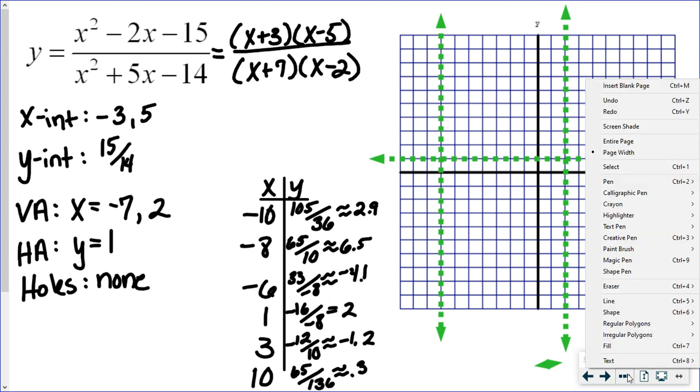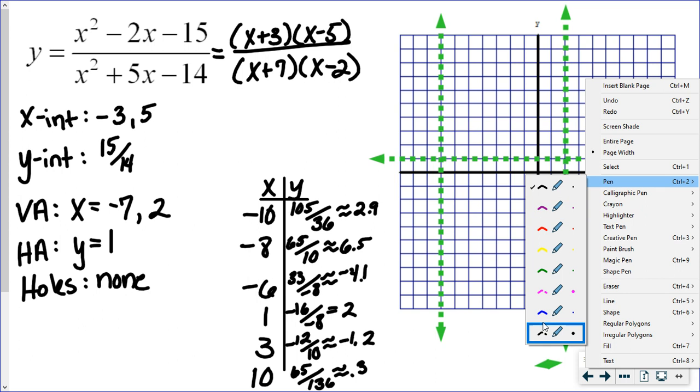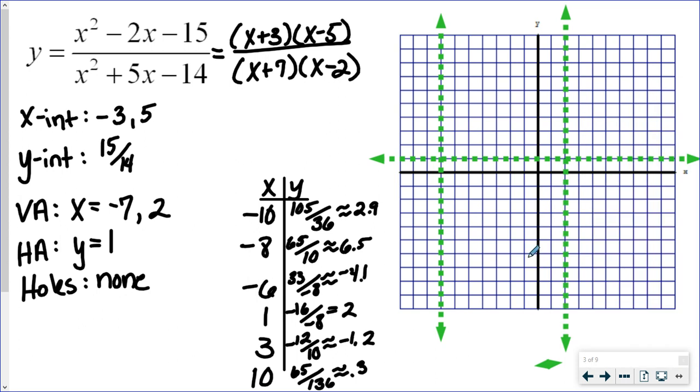All right, so now we can start putting all of our points on here. We have x-intercepts at -3 and 5. We have a y-intercept at 15/14, which is just over 1. We have -10, 2.9, so right in here.